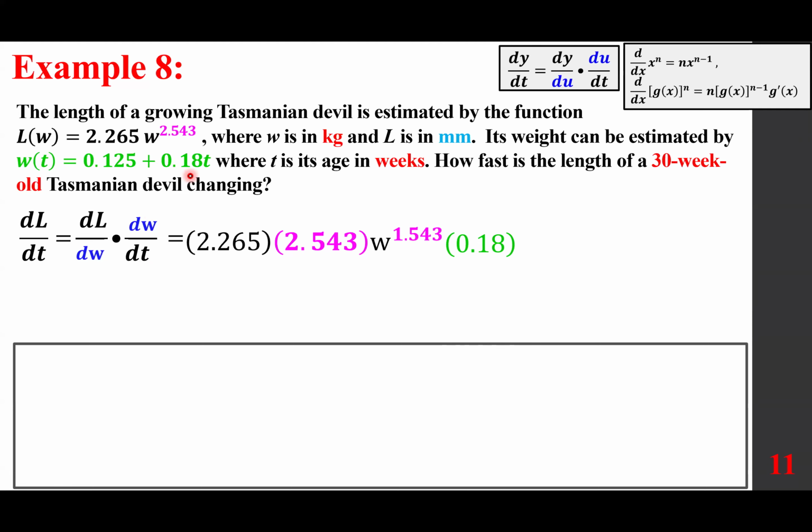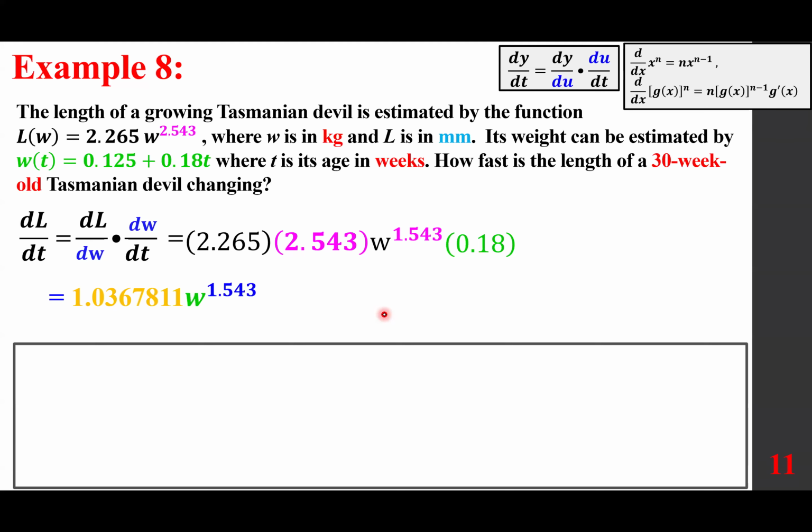Now we put the numbers together, and we get 1.0367811 W^1.543. Please understand, you want to carry a lot of decimals in between. At the end, you may do the rounding.